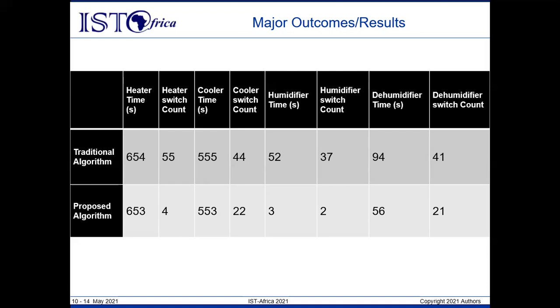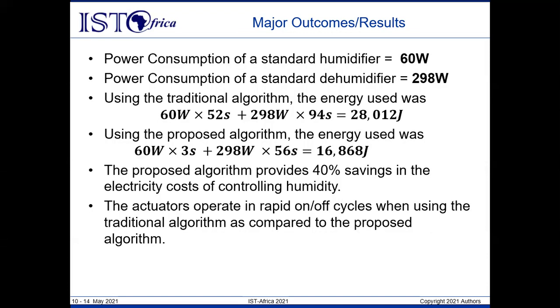So what do these results mean? To determine that, first of all, we consider the standard humidifier, which has a power rating of 60 watts, and the standard dehumidifier, which has a power rating of 298 watts.